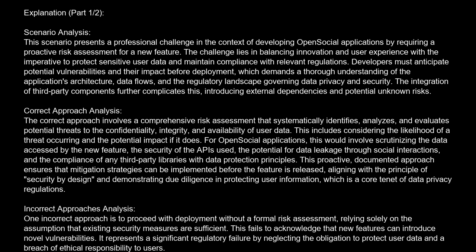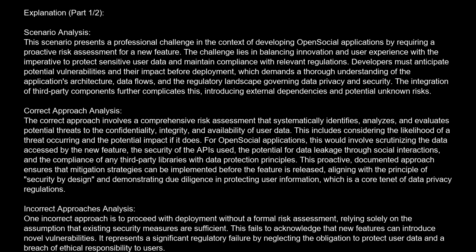Correct approach analysis. The correct approach involves a comprehensive risk assessment that systematically identifies, analyzes, and evaluates potential threats to the confidentiality, integrity, and availability of user data. This includes considering the likelihood of a threat occurring and the potential impact if it does. For open social applications, this would involve scrutinizing the data accessed by the new feature, the security of the APIs used, the potential for data leakage through social interactions, and the compliance of any third-party libraries with data protection principles.